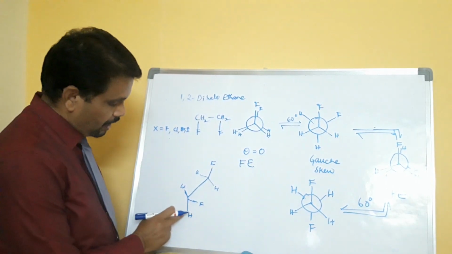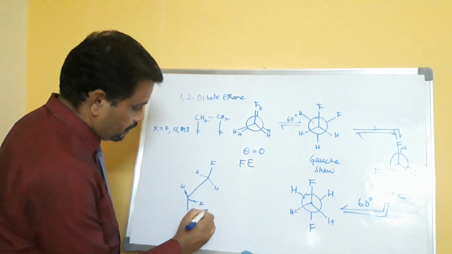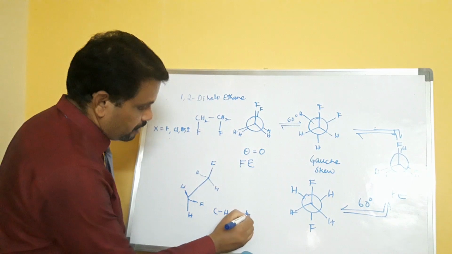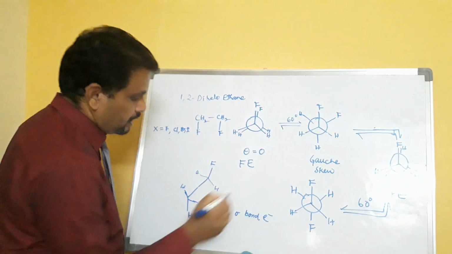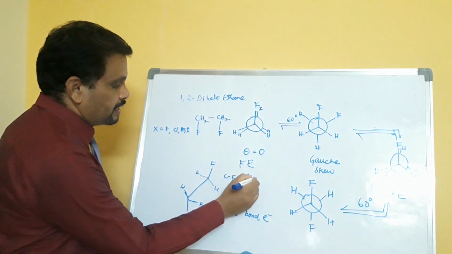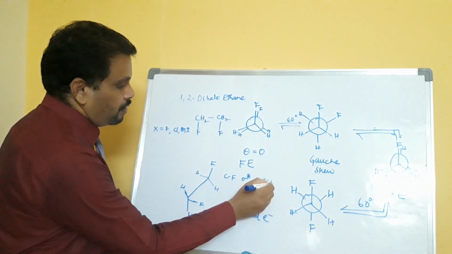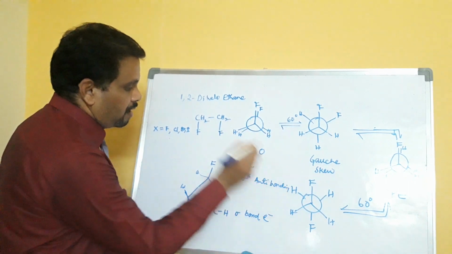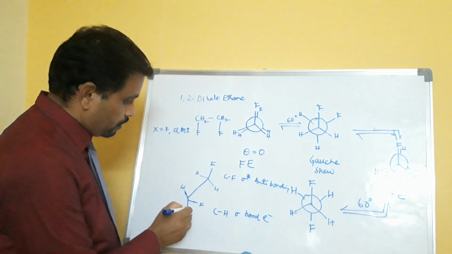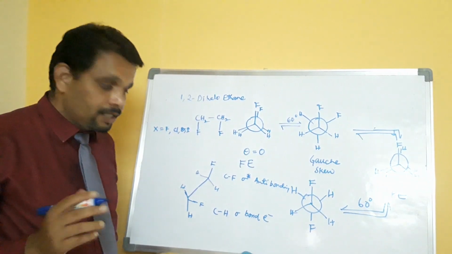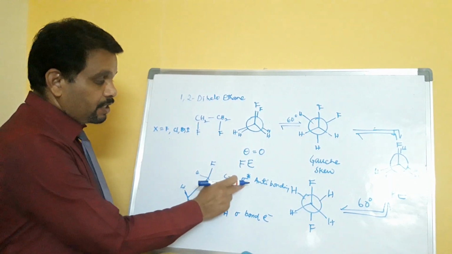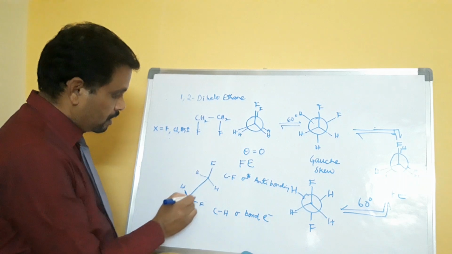Okay, this CH bond, sigma bond electrons, and this CF sigma star antibonding orbitals are in conjugation. Okay, so there is a transfer of electrons from CH sigma bond electrons to CF sigma star antibonding orbitals like this.